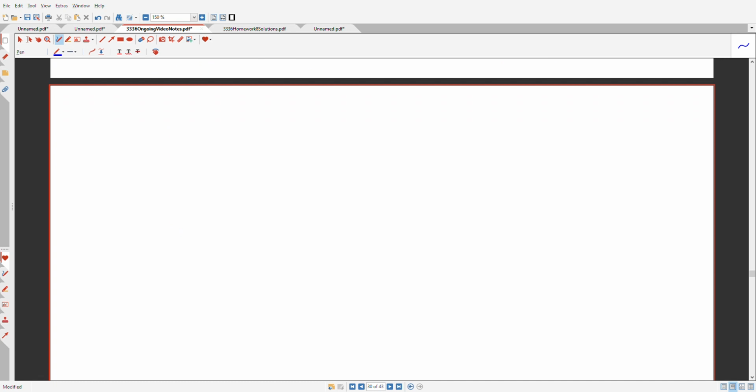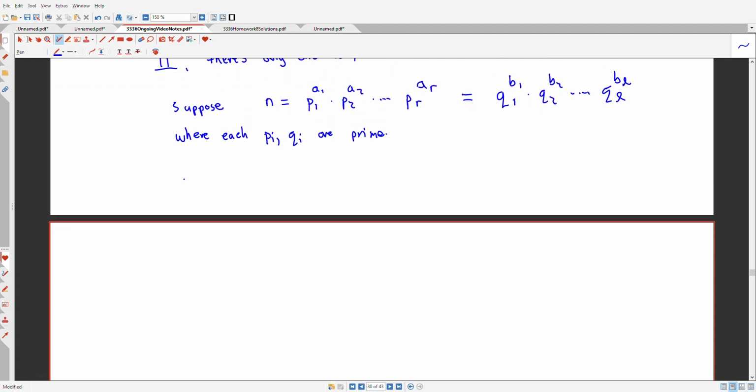So here's how the proof of this goes. Sorry, I don't know what's going on with my computer. We already know that by assumption prime p1 divides n. And that tells me prime p1 divides all of these q's. And here's where I'm going to use Euclid's lemma.